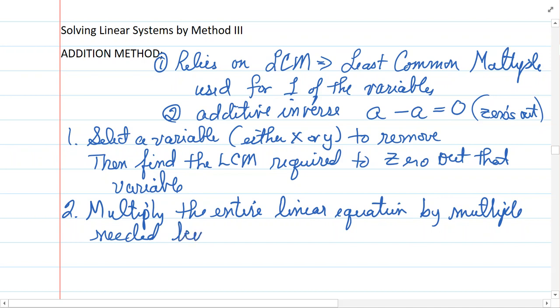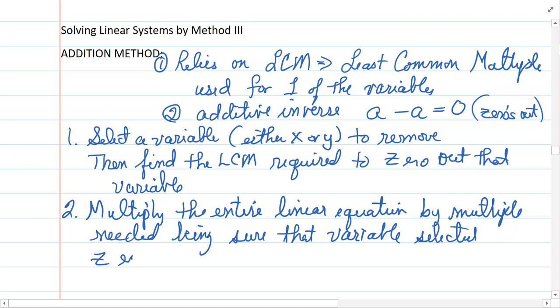Being sure that the variable selected zeroes out. In other words, assigns opposite signs.